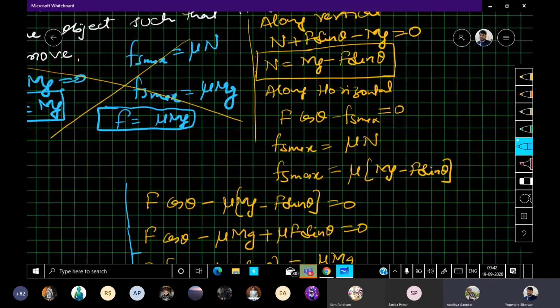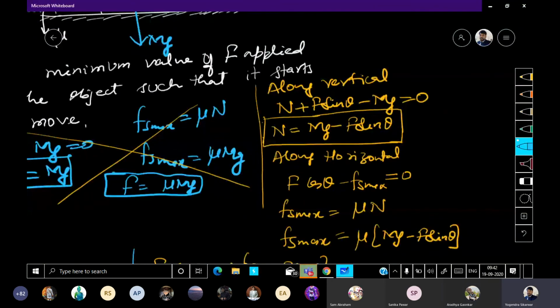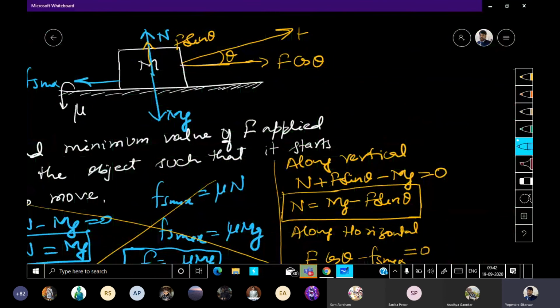Okay, pay attention. Rather than applying the force F in horizontal, we have applied force F in this direction. When the force F is in this direction, you can resolve it into two components: one along horizontal, that is F cos theta, and one along vertical, that is F sin theta.